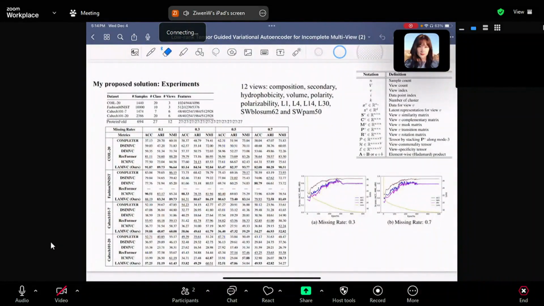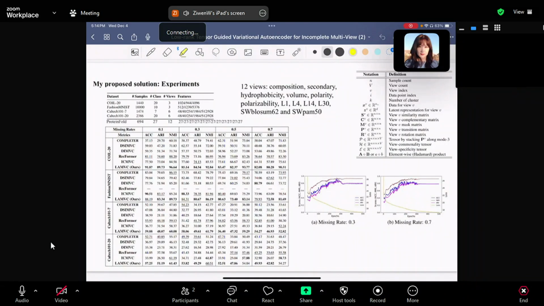Because of the lack of high quality labeled data sets in terms of protein fold, I can only test the results on some very generally adopted data sets in computer vision.